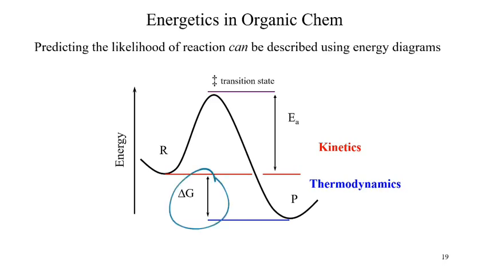Our kinetics is that upper portion. How do we move or transition from our reactants to become our products? Those kinetics are dictated by a rate. Our rate is dependent on a rate constant, and then it's dependent on some concentrations, held to certain orders.